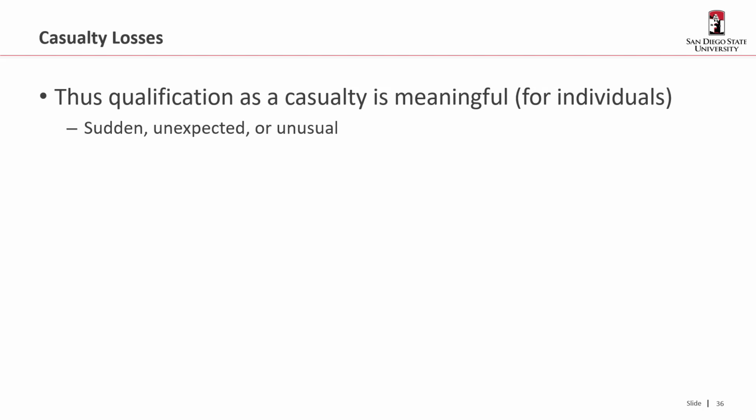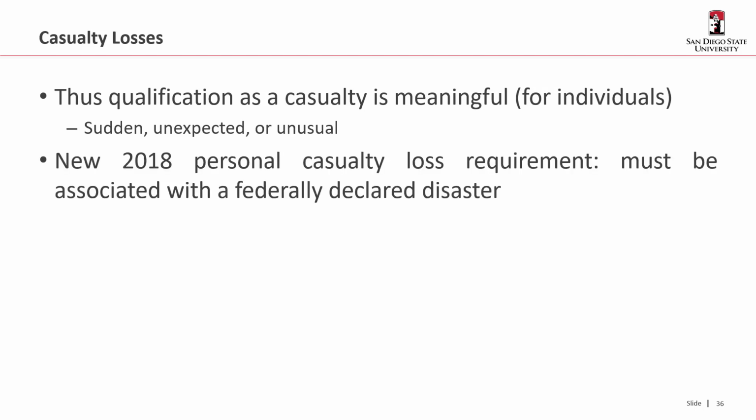So this idea of a casualty or theft loss is different than just a typical loss. A casualty is a sudden, unexpected, or unusual loss. Starting in 2018, a personal casualty loss must be associated with a federally declared disaster.